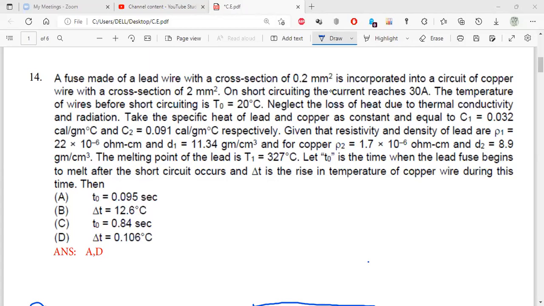Shall I move? Yes, Shashank. Right. I'm going to white screen now. Yes, okay. Right, going to white screen here.